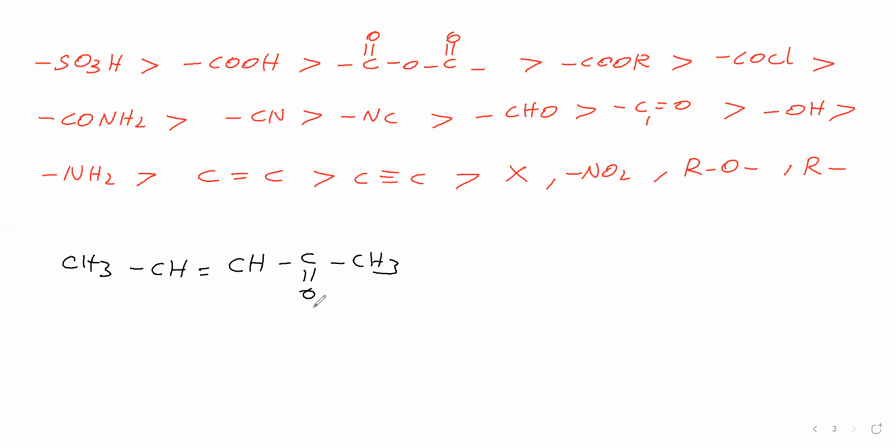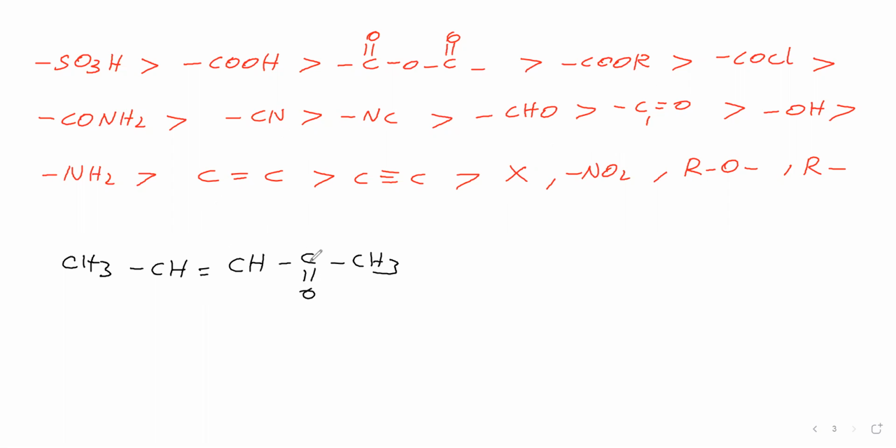One is the ketone, C double bond O. Another one is the CC double bond. Which has higher priority? The ketone has higher priority, and the CC double bond has lesser priority. So the ketone we have to treat as the main functional group. It comes under the secondary suffix.